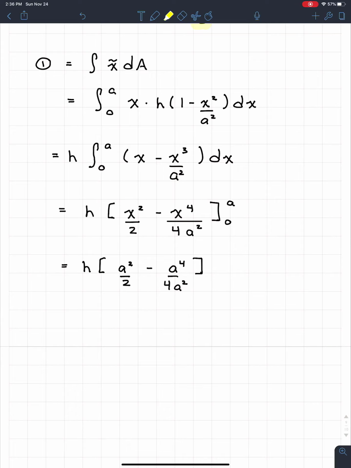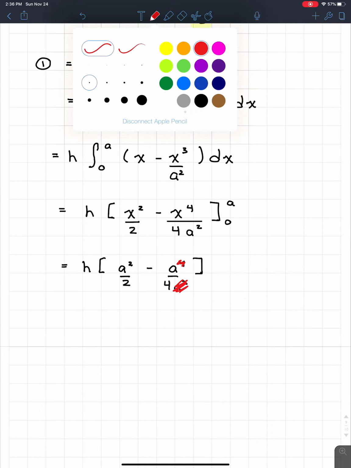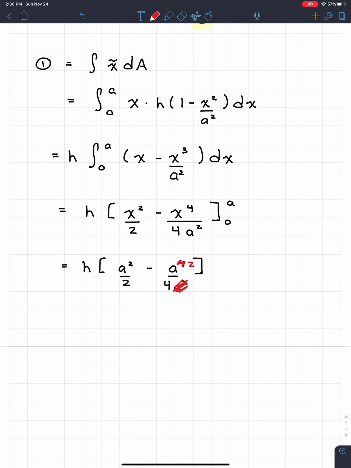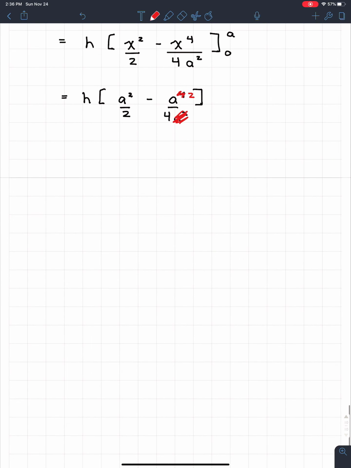So when we do this, we can go back to the red marker, start crossing stuff out. A to the 4 and a squared are going to cancel, and we're going to be left with a squared on top. So now we got a squared minus a squared. We can factor out the a squared. And this is equal to a squared times h, and then in brackets, we're going to have 1/2 minus 1/4.